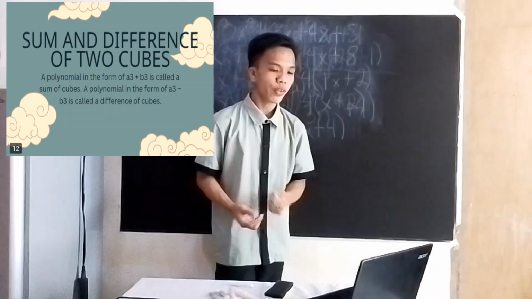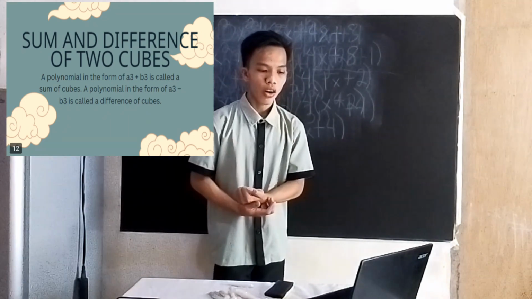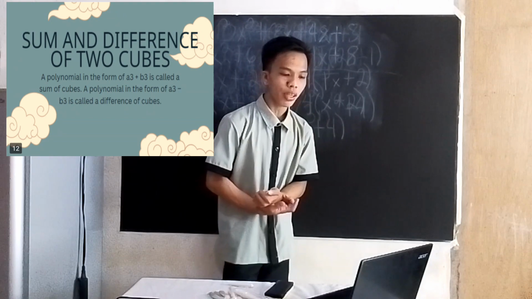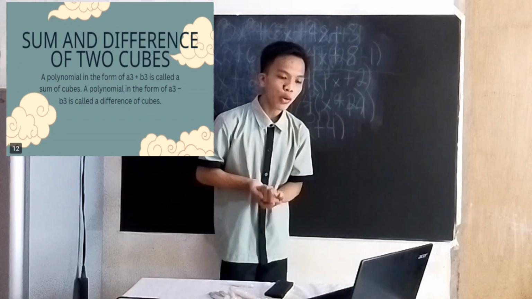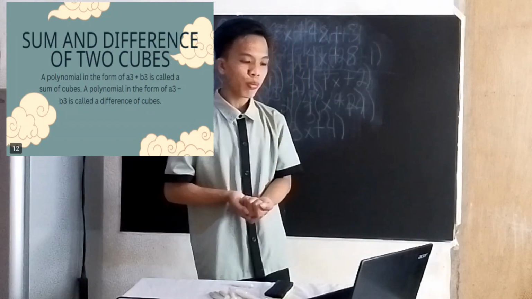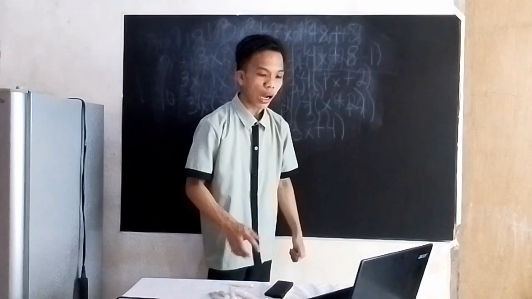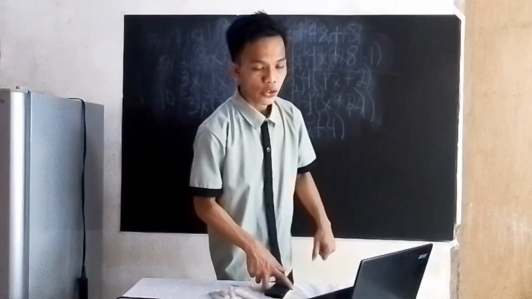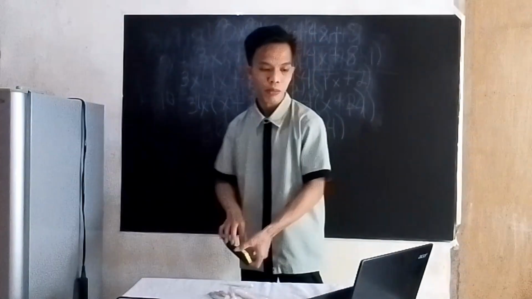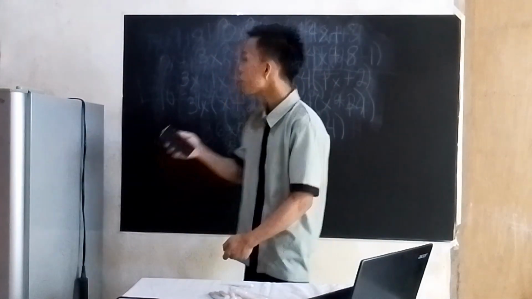So, sum and difference of two cubes. A polynomial in the form of a cube plus b cube is called a sum of cubes. A polynomial in the form of a cube minus b cube is called difference of cubes. Okay, so we have a formula in here, but let's focus first on sum of two cubes.